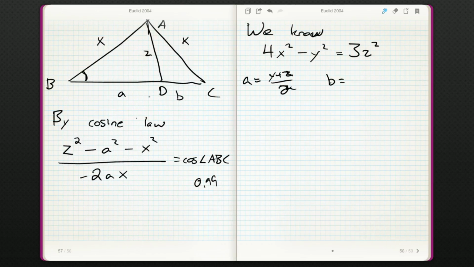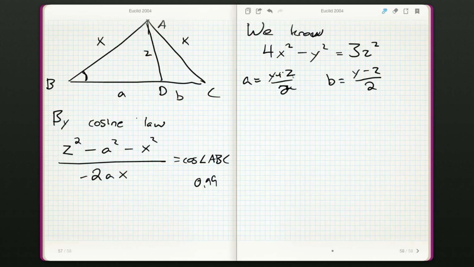And just in case we need it, although B hasn't reared its head yet, we have y minus z over 2 is B. Okay. I just noticed Z, A, and Y I think have to form an arithmetic sequence. Nifty. I don't know if that's going to help, but something I think I just observed.